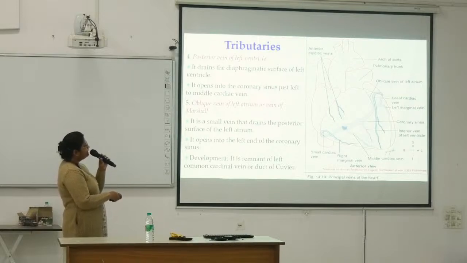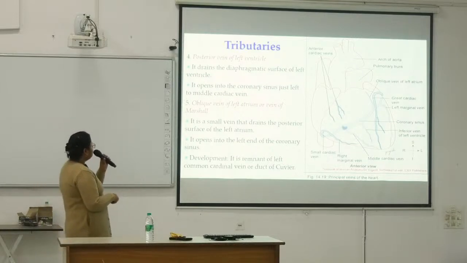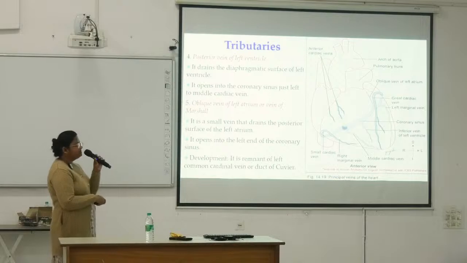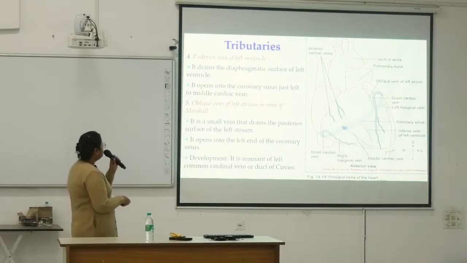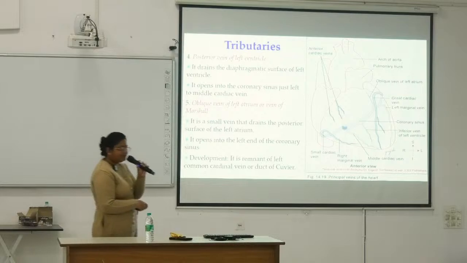See here opening at the left end of the coronary sinus, and development, it is remnant of left common cardinal vein or duct of Cuvier. Okay. This development is important because it comes as a MCQ question. Remnant of left common cardinal vein or duct of Cuvier.